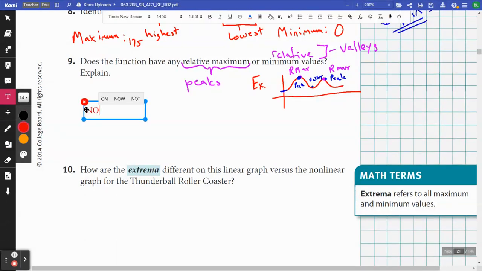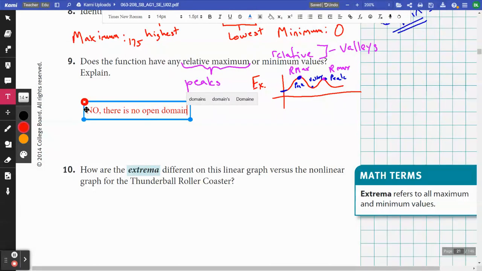And you're going to say no, using the definition, that there is no open domain. Open domain, you know that as a peak or a valley that doesn't include the endpoint.